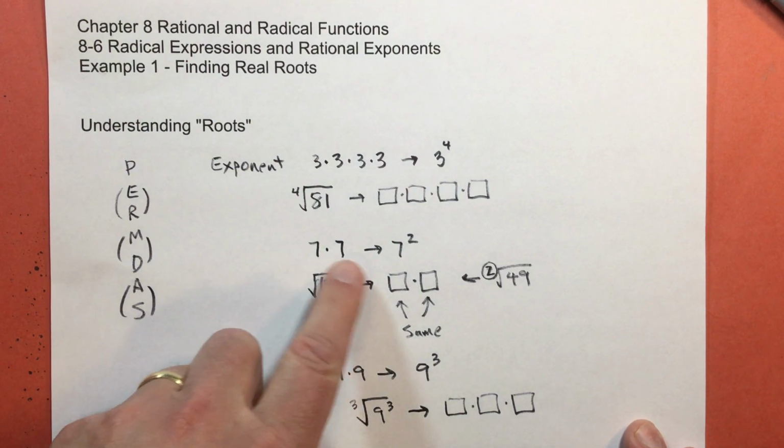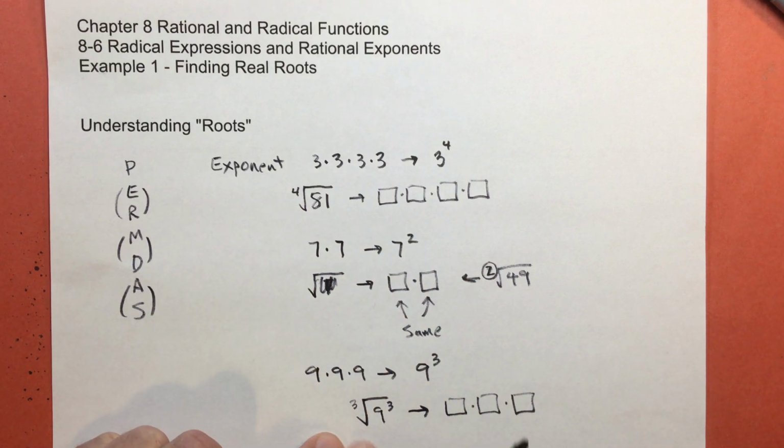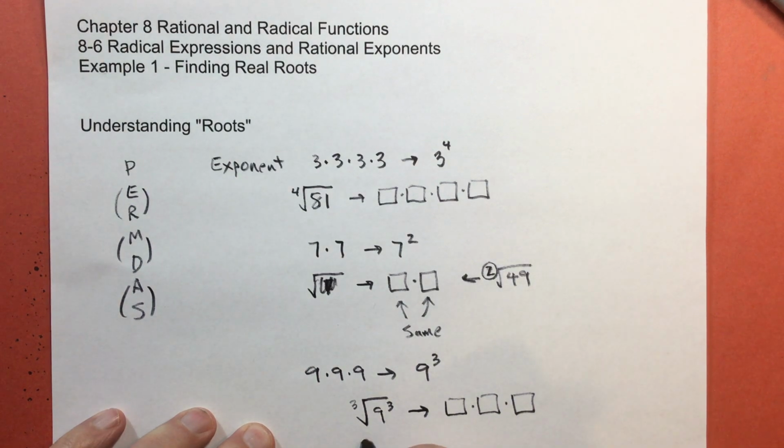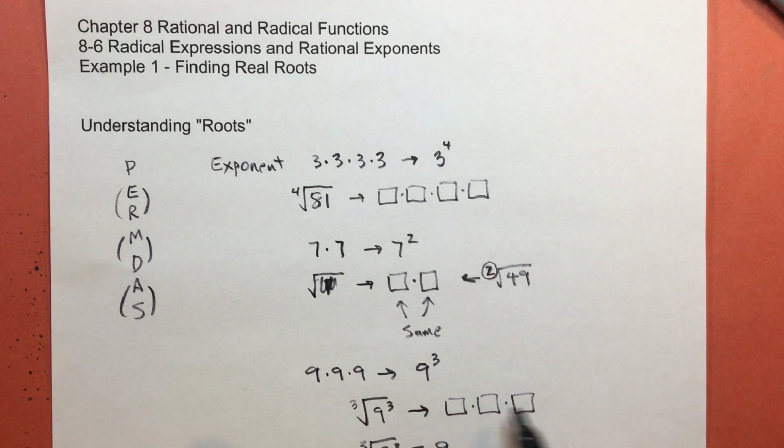Okay, 7 times 7 does equal 7 to the second power, but the cube root of 9 cubed would just lead me to this idea. The cube root of 9 cubed equals 9. Right? Not 9 times 9 times 9. I have to think about how you guys interpret what I'm saying.